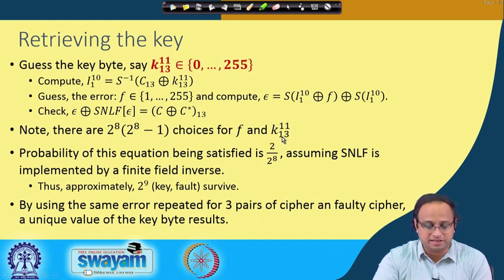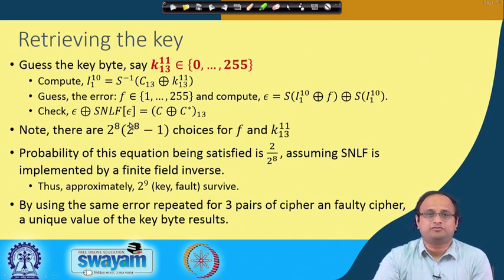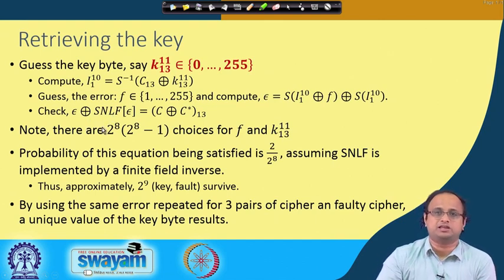And what is the probability that a random guess will satisfy this equation? Suppose I make an assumption, which is also stated in the paper, that S NLF epsilon stands for the finite field inverse. If that is so, then there are approximately 2 solutions which will satisfy the equation, because the equation is epsilon plus 1 by epsilon.